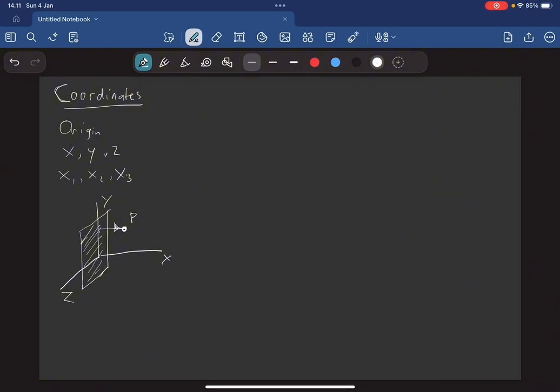This is the distance. The same is true for the y and z coordinates. Because the coordinates represent distance, they are measured in units of length, such as meters.